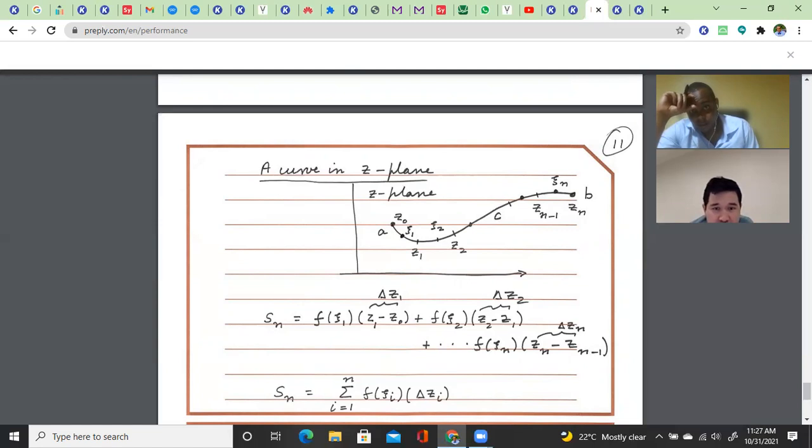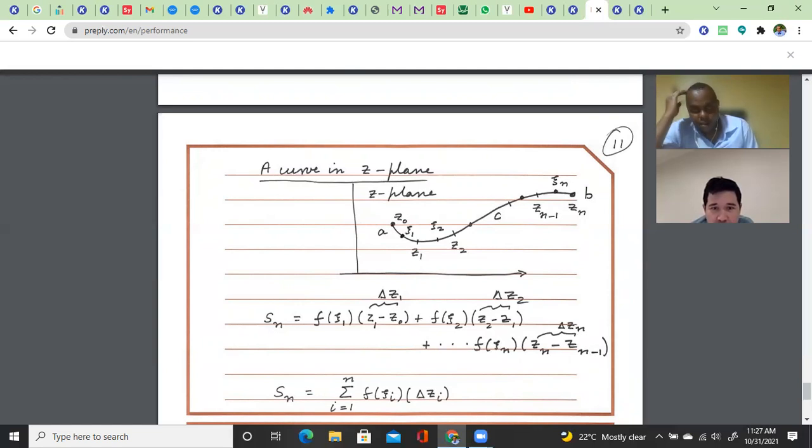Then f(ζ2) times z2 minus z1 is Δz2, and so on until n.